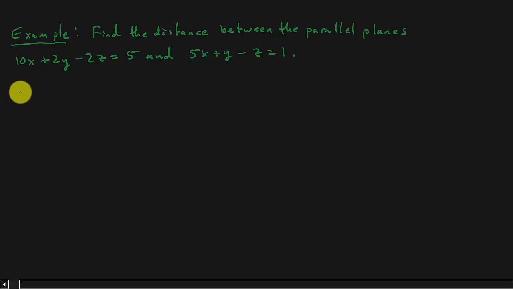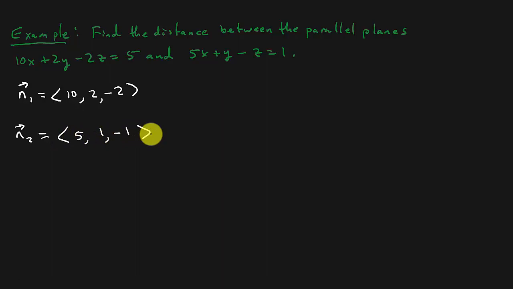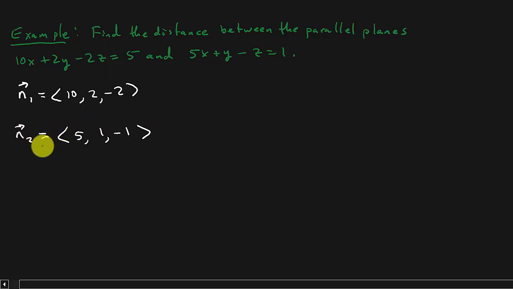So I've got n1, the normal vector to this one, which is 10, 2, negative 2. And normal vector n2 is 5, 1, negative 1. Remember, if the normal vectors are parallel, then the planes are parallel.